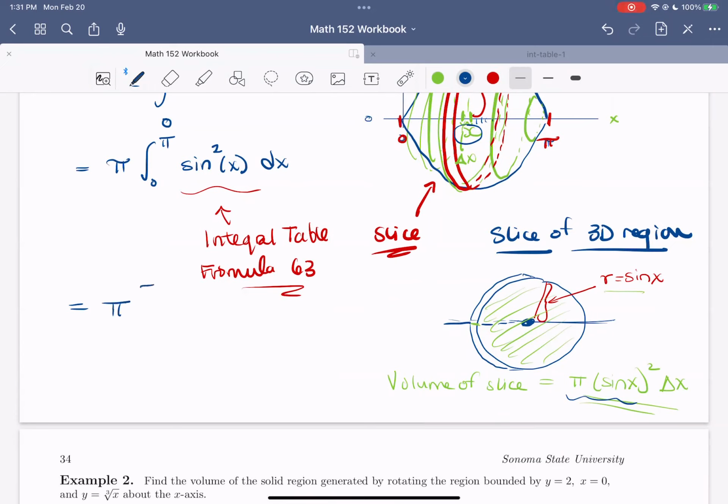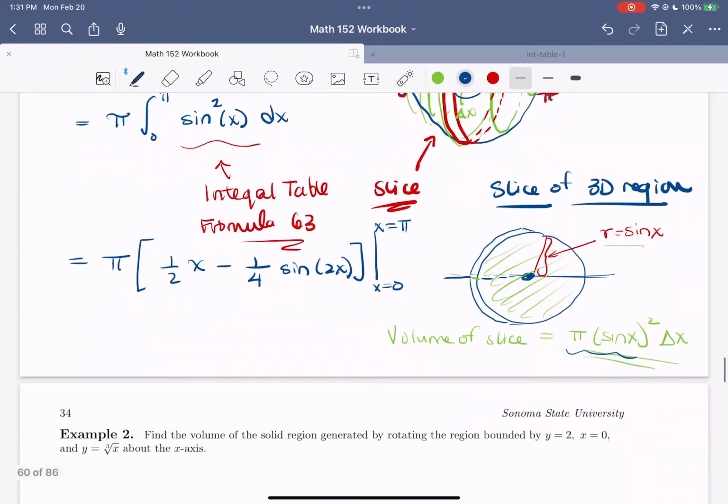So we get pi times, we had 1/2 x in our case, because we're using x for our variable, minus 1/4 sine of 2x. And that's being evaluated at x equals 0 to x equals pi. All right, so now we just plug in here.